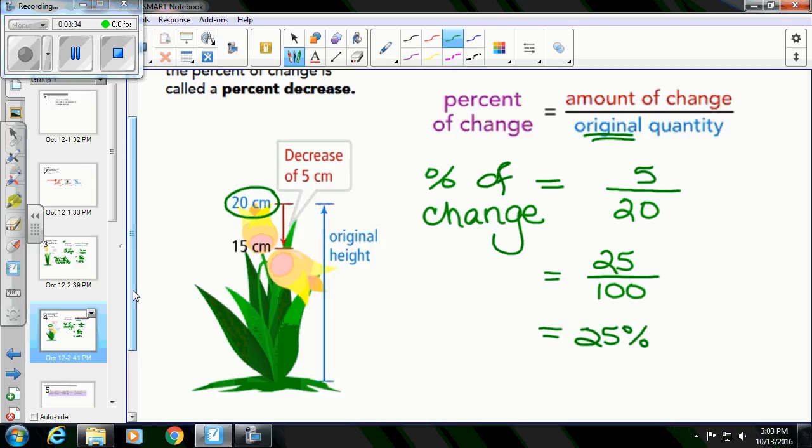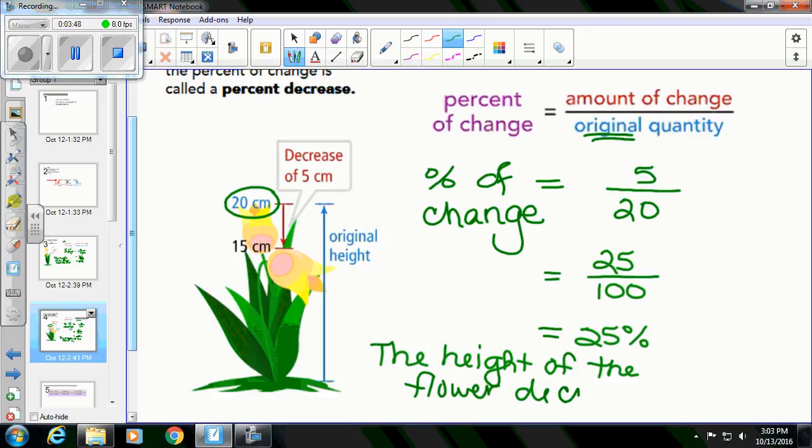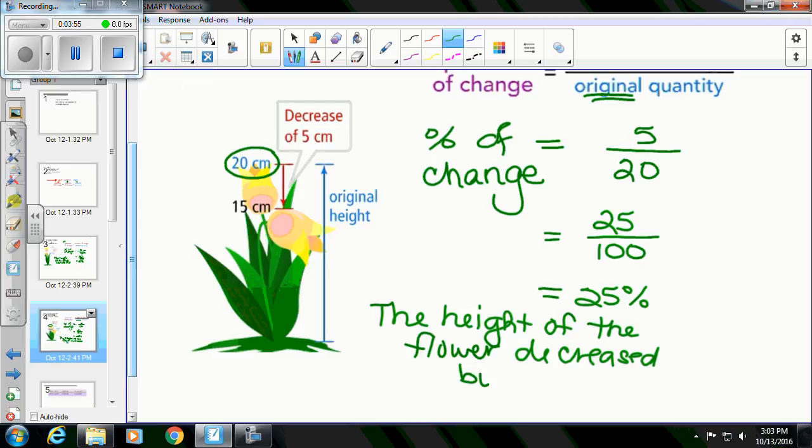So the height of the flower decreased by 25%.